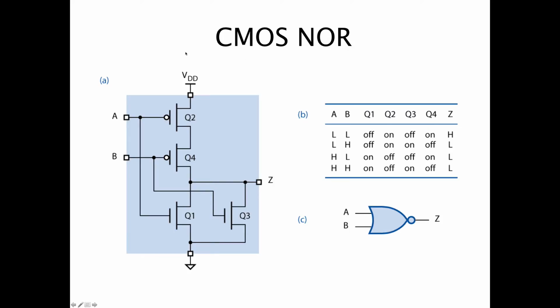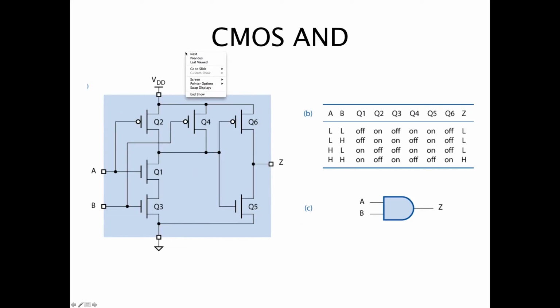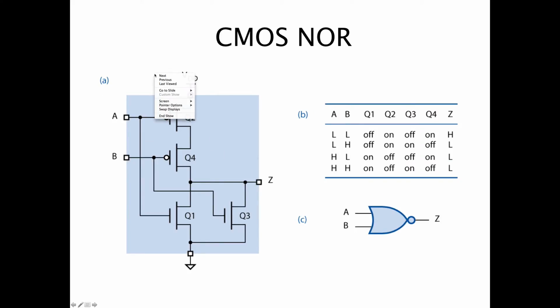Let me show the pin options. Remember, what we can do here is look at all the combinations. For example, what if we put both of these inputs low?